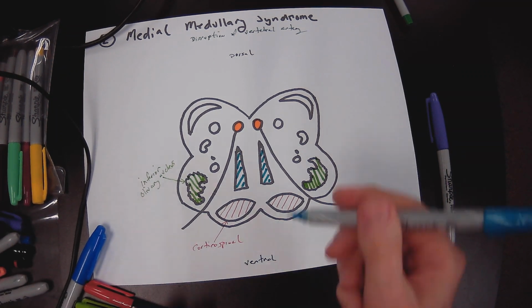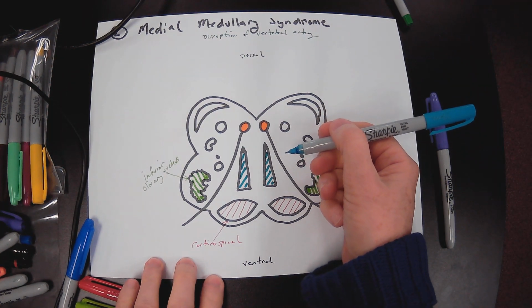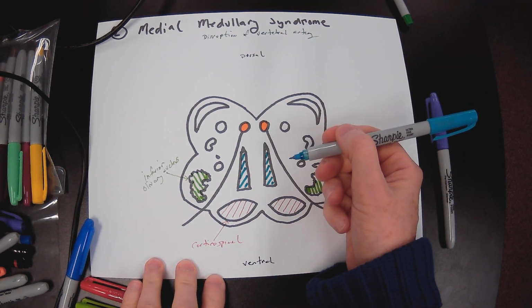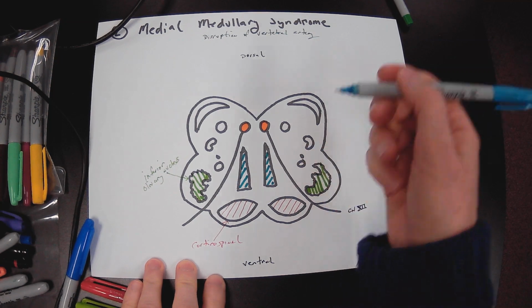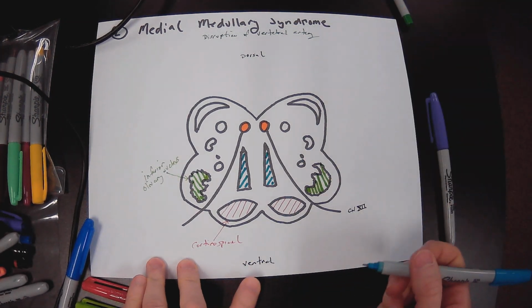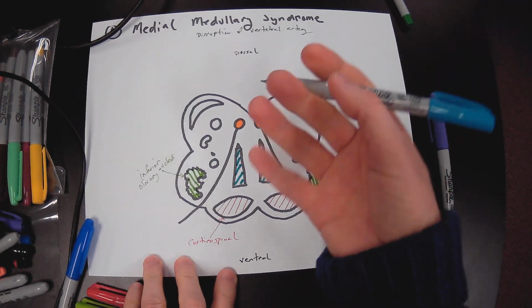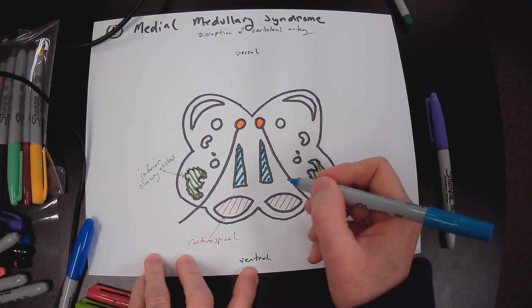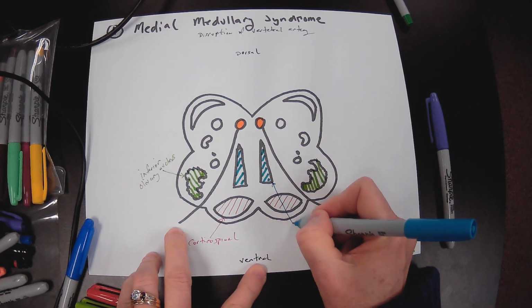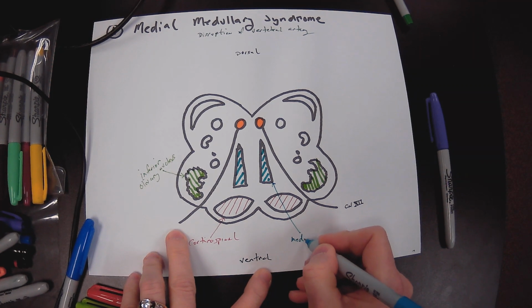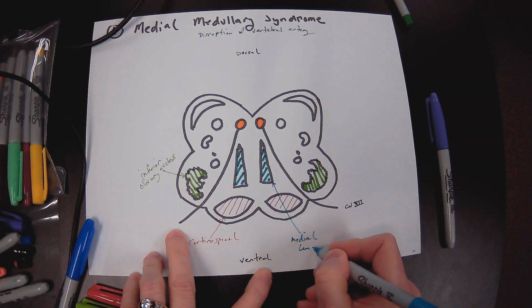And if this is the rostral medulla, has this DCML pathway crossed over yet? Nope. Coming from down, it's contralateral still. It's above where it's decussated. So here, this is your medial lemniscus.